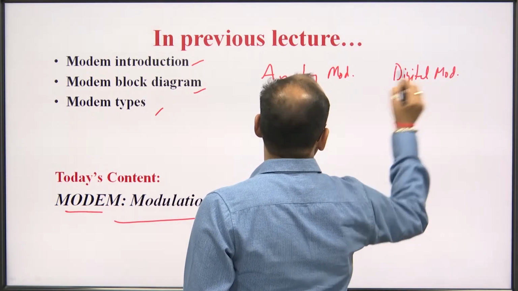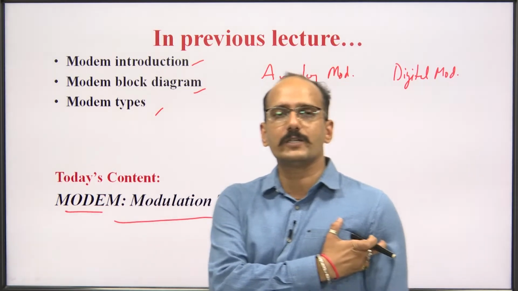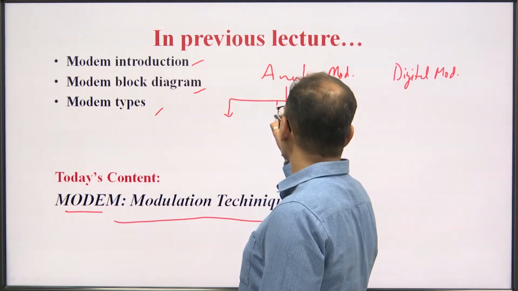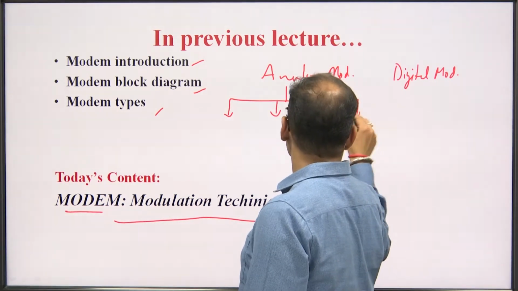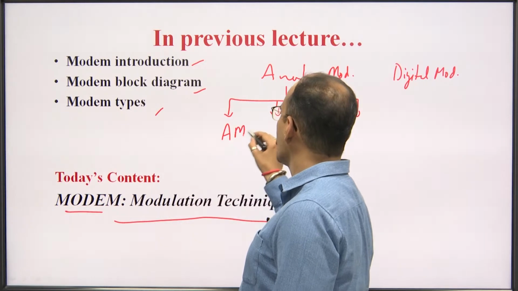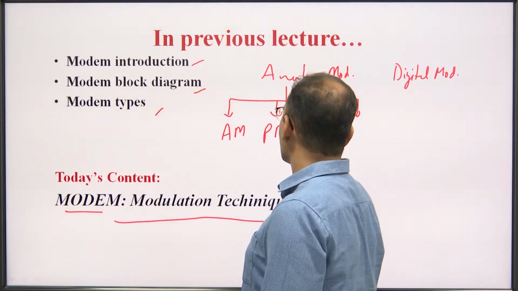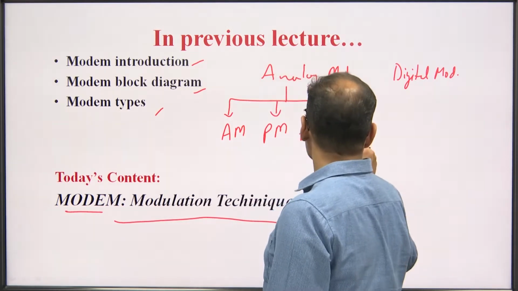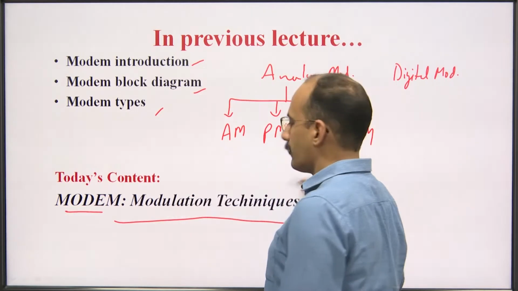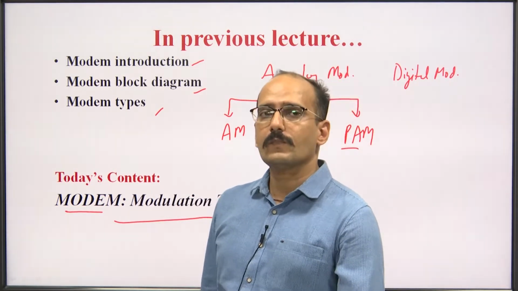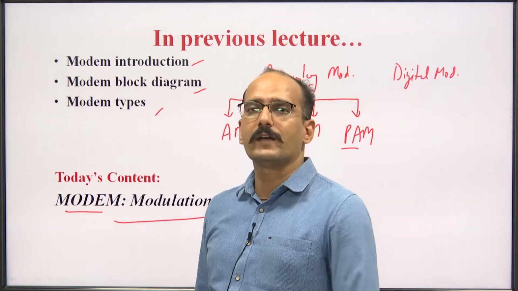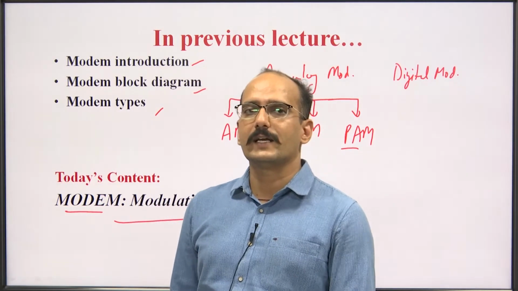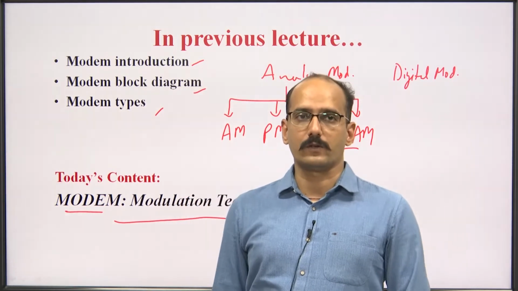Analog modulation is further classified into 4 types: amplitude modulation AM, phase modulation PM, frequency modulation FM, and pulse analog modulation, which means that you are using a pulse carrier signal for the modulation.